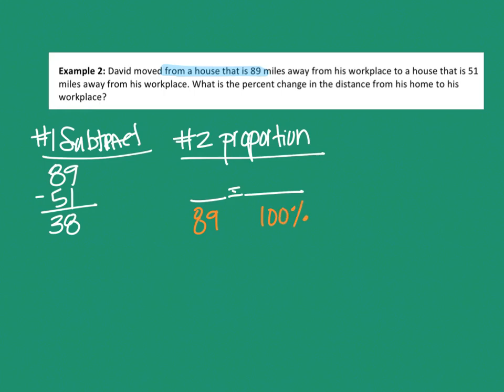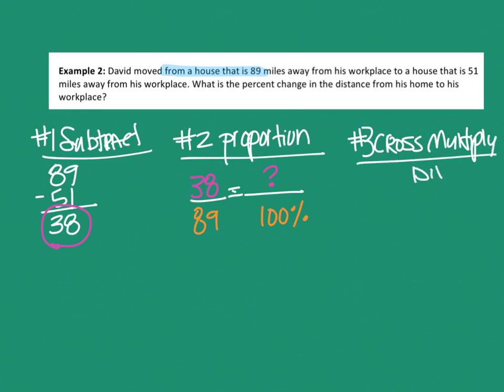And the number I got when I subtracted was 38, which is how much it's changing. That always goes on top. And then I don't know the percent number, which is what we're trying to figure out. Now, step 3, since I've set up my proportion, I'm going to cross multiply and then divide.